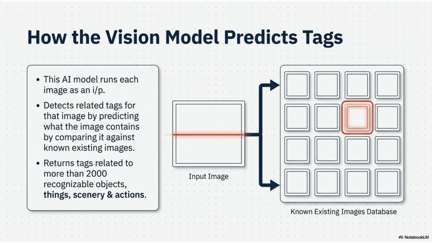It returns the text related to more than 2000 recognizable objects, things, sceneries, and actions. So these will be the input images, and this is the known existing images database, and the AI model will be run through each of the images, and then the text will be detected.